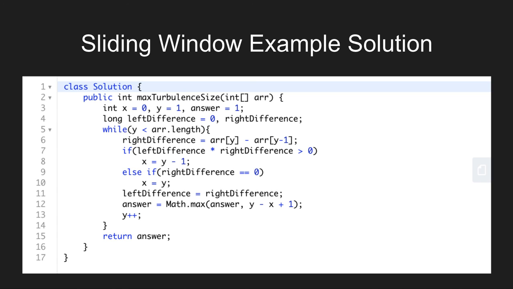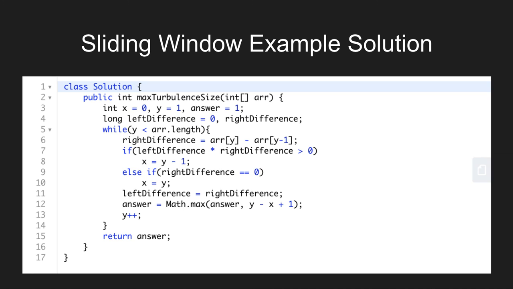Else, if our right difference is 0, meaning that our array's element at index end minus 1 is equal to our array's element at end, then since they're both the same value, that doesn't meet the criteria for being a turbulent subarray.